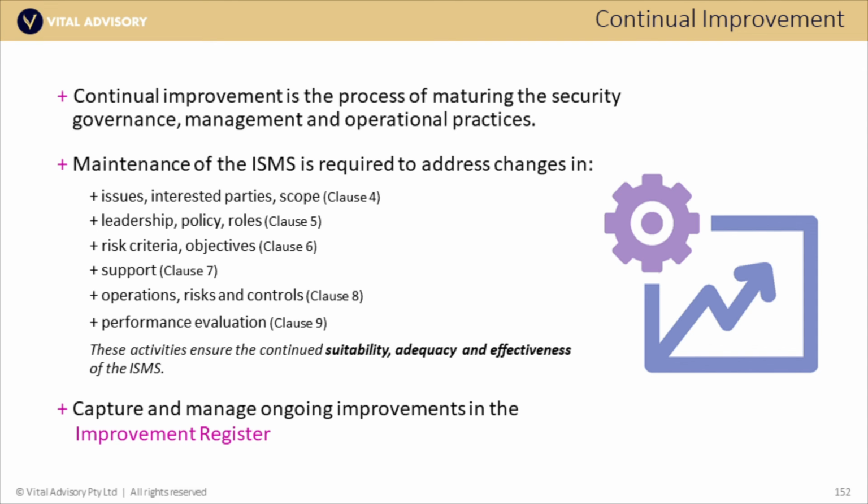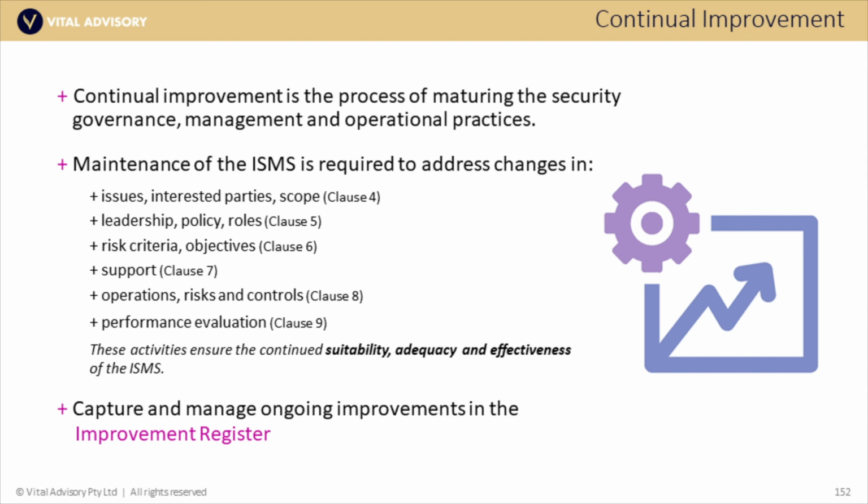Something that mightn't change very often is risk criteria and your ISMS objectives, but there's nothing stopping you from improving, evolving, rewording, and updating. The support clause might change, the resources, the awareness, competency, all those things, and the refinement of that. Clearly, operations, risks, and controls, this will change probably the most.